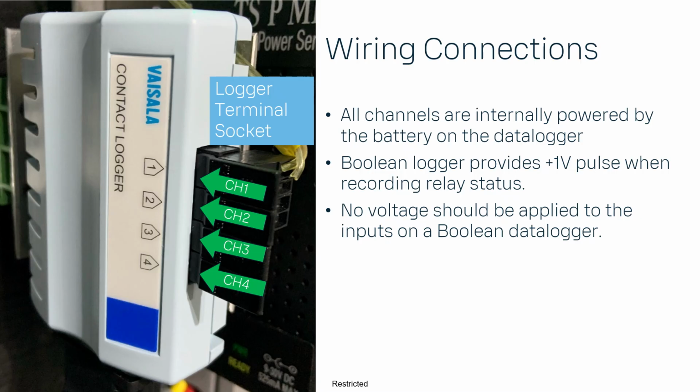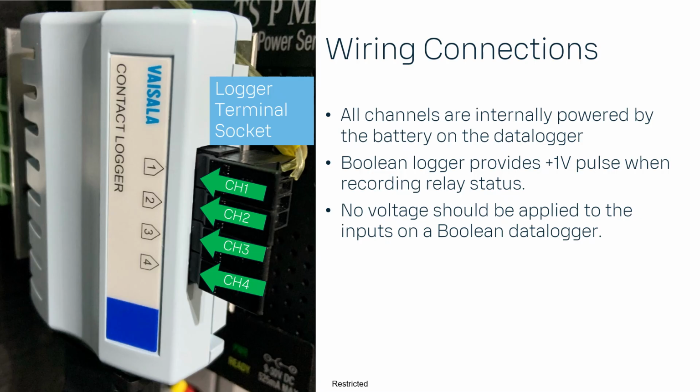These are designed to be standalone data loggers, so they don't need external power. It'll use the little battery inside, send out a brief pulse at 1 minute intervals, and record the status of the circuit. So no voltage should be applied to the inputs on the data logger.